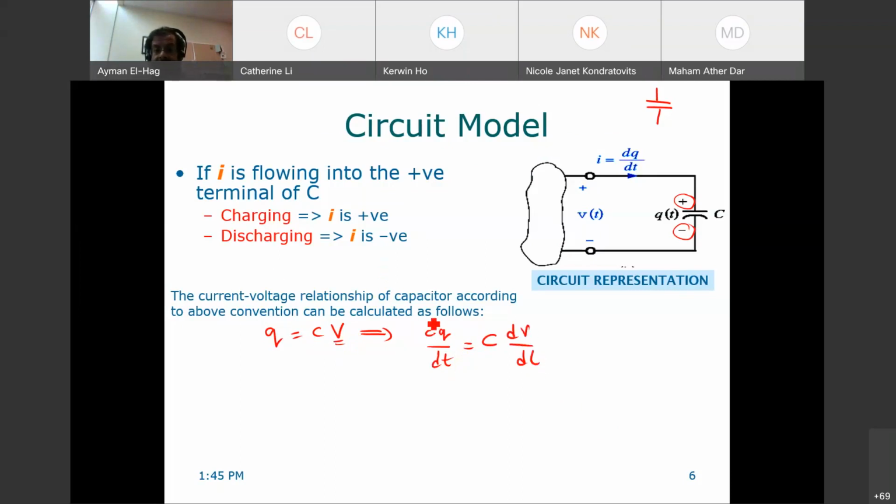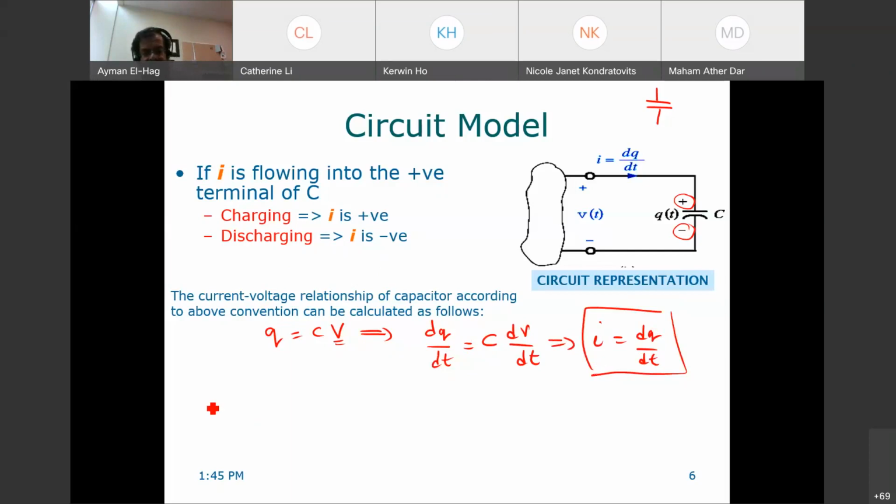Now, what is dq by dt? We mentioned at the beginning of this course that the current is equal to dq by dt. The current is the rate of change of the charge.